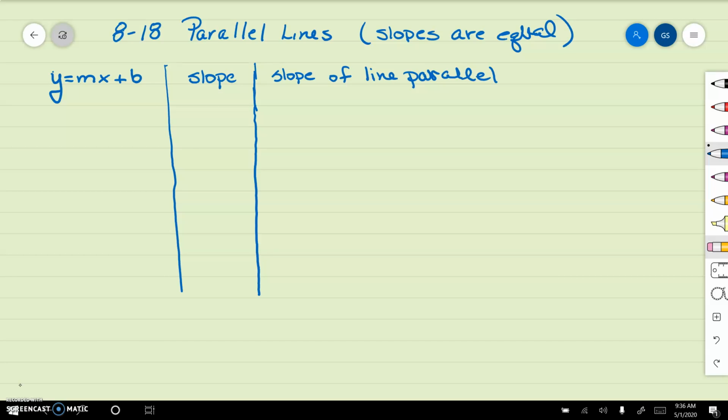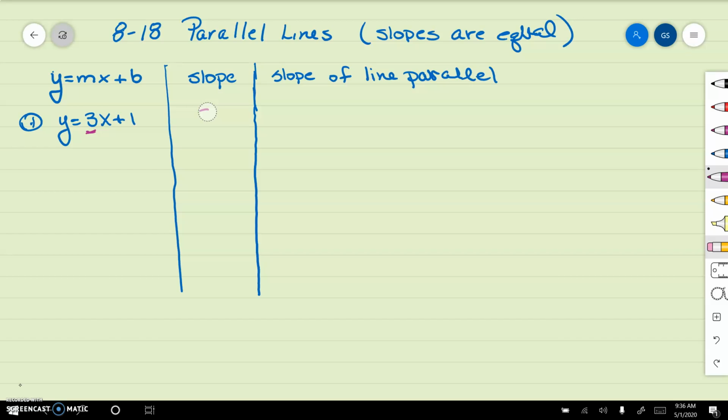So here's how we're going to do this. The first example they give us is y equals 3x plus 1. In the first column, you're going to name the slope. So hopefully we know the slope is 3.